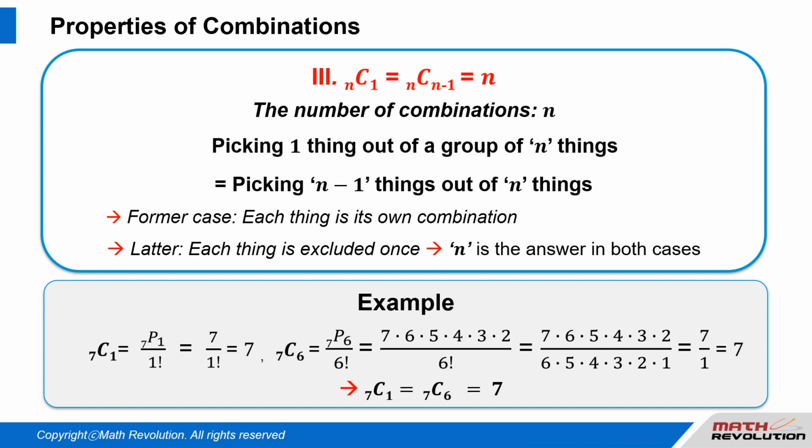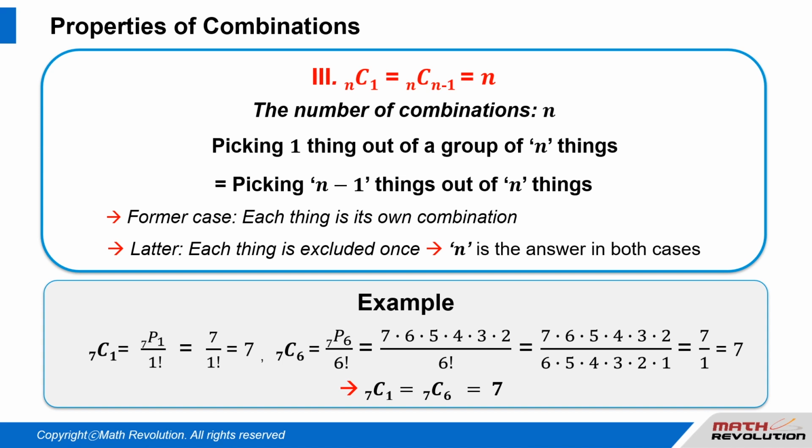And 7 choose 6 as 7p6 over 6 factorial, which is equal to 7 times 6 times 5 times 4 times 3 times 2 over 6 factorial, which is equal to 7 times 6 times 5 times 4 times 3 times 2 over 6 times 5 times 4 times 3 times 2 times 1, which equals 7 over 1, which equals 7.